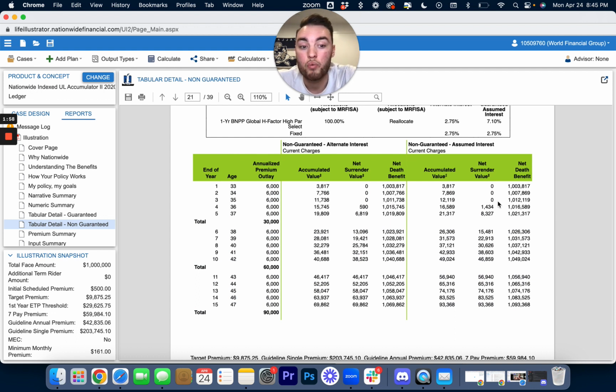The reason why this is happening is essentially because the death benefit is so high, it's eating into all the gains of the policy and not allowing you to take out loans for the first 3 years. Another thing too is that you put in $6,000 in year one, and this dollar amount is about $4,000. Now this number should normally be about 92% of what you put in, and this is definitely under that amount.